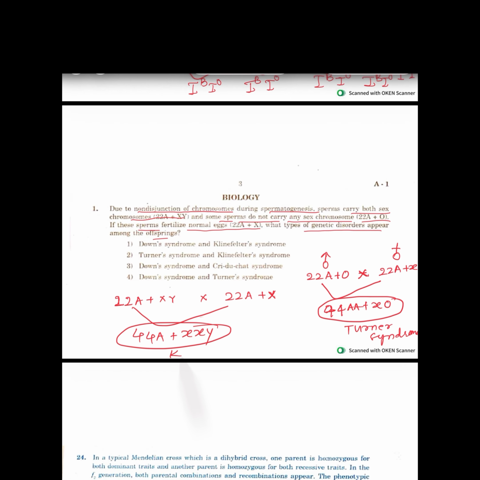So 22A plus O crossed with 22A plus X, you will get Turner syndrome here. 22A plus XY crossed with 22A plus X, you will get Klinefelter syndrome. So answer B.